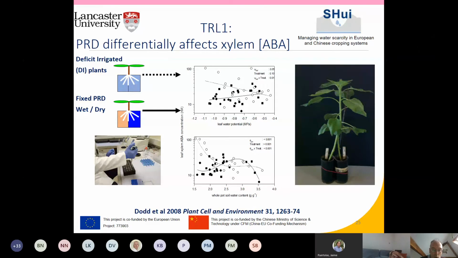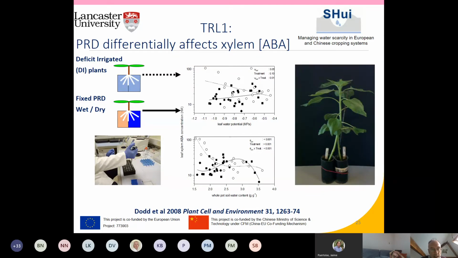Now, contrast that with the plants exposed to deficit irrigation, where initially the ABA was relatively stable and then substantially increased as the whole pot dried out on both sides of the pot. So there seemed to be some difference in the actual signaling between the roots and the shoots as part of the root system dried in the partial root zone drying plants.